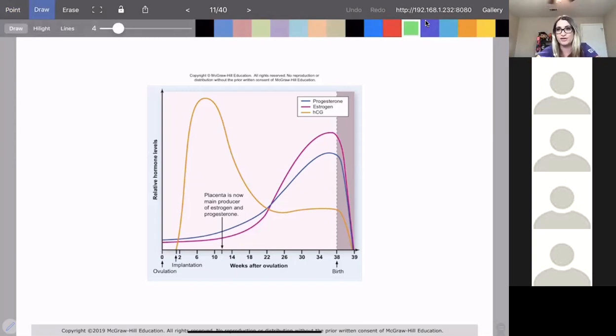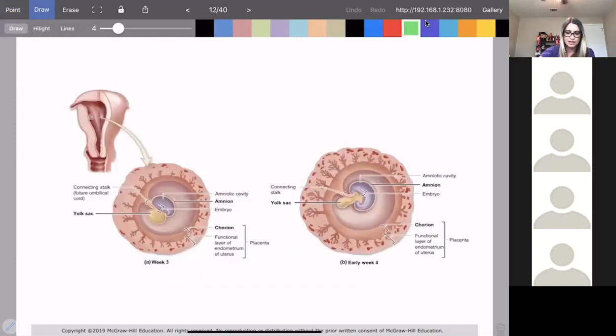Okay, if you shed the uterine lining, you're shedding the blastocyst with it as well. And so corpus luteum does this and keeps the uterine lining going. And eventually, after about 3 months or so, placenta is large enough that it can release these hormones on its own and kind of takes over for the corpus luteum. Okay, so that's what I wanted to mention there.